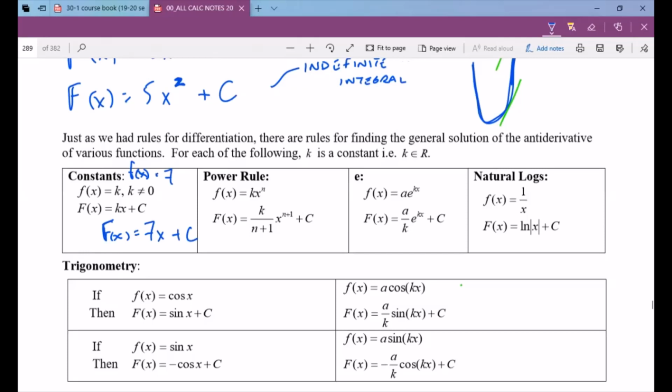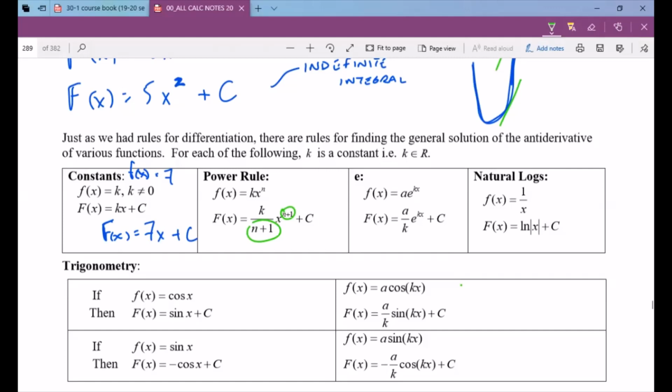So kind of straightforward. The power rule is what we just did with changing 10x into 5x squared. We know that we need to add 1 to our exponent. We know that this has to be 1 more. And so we're also going to have to divide that part out.